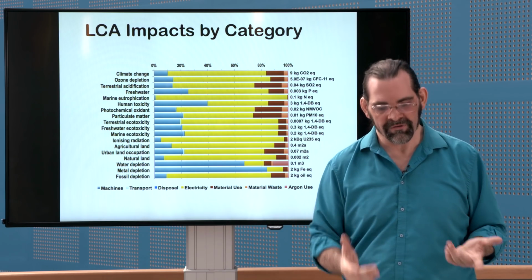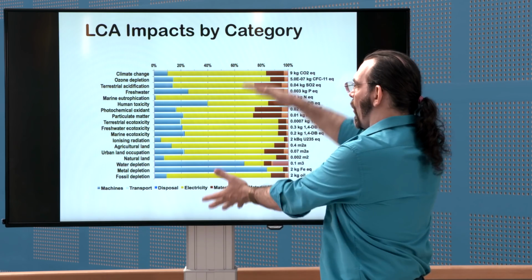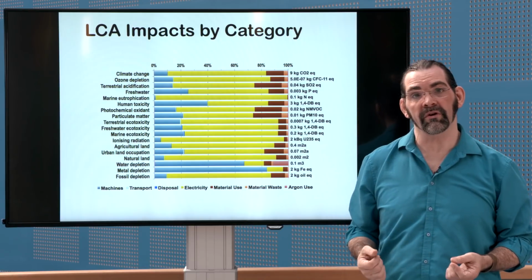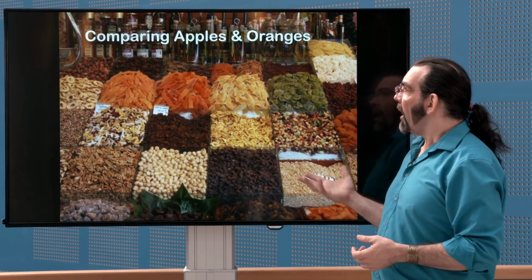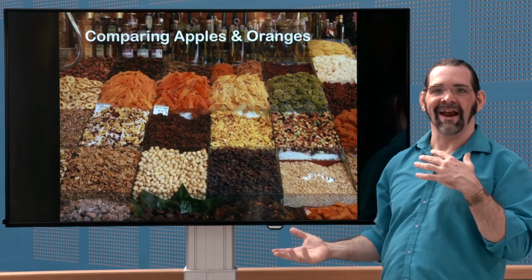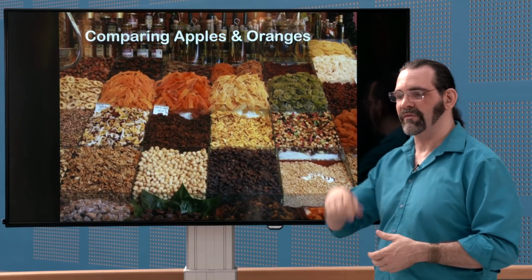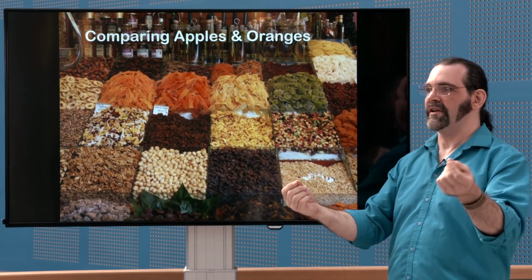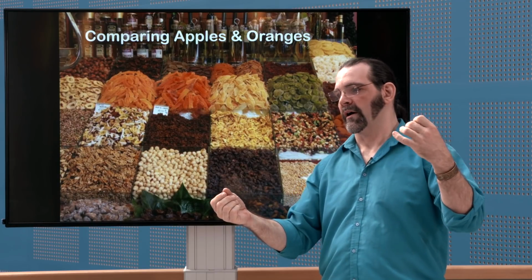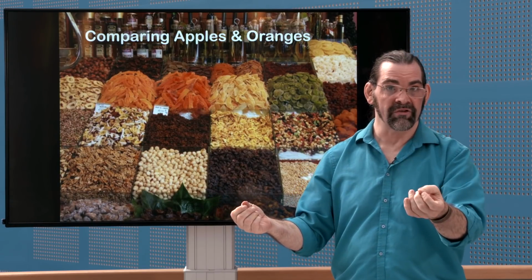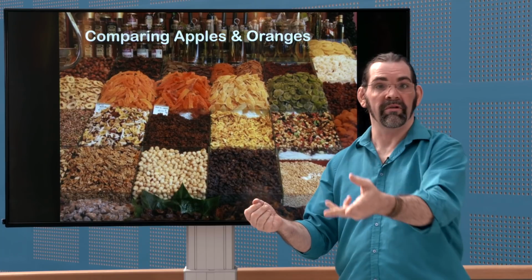And so there are systems for combining all of these things into a single score. But that requires comparing apples and oranges. A kilo of CO2 emission is totally different from a kilo of mineral depletion or a kilo of water depletion.